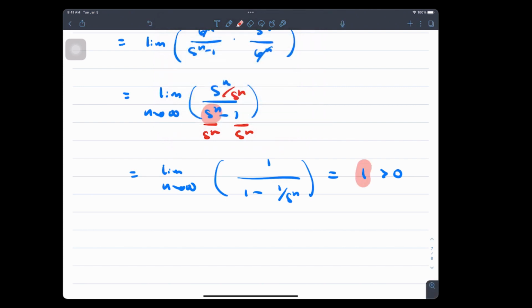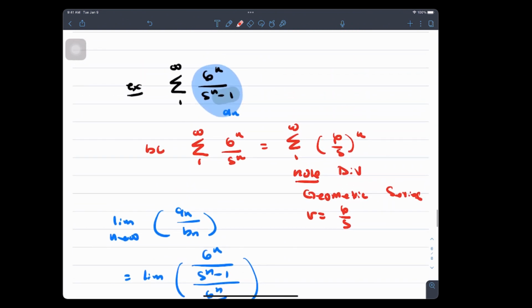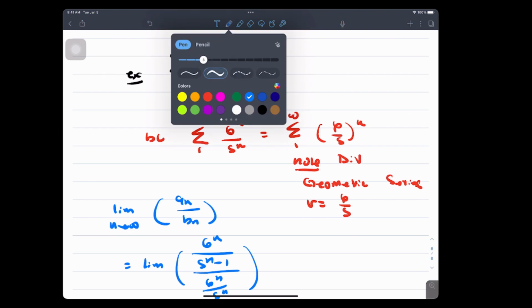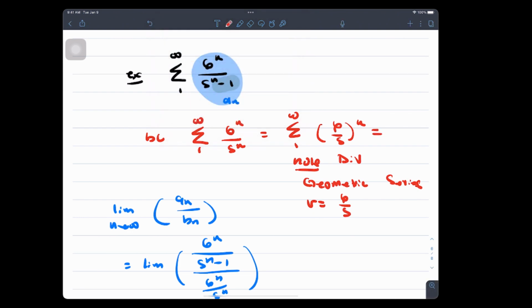All right, so since that limit is 1, which is finite and positive, and we know this particular series is a divergent geometric series, that means this series also diverges by the limit comparison test. So here's an example of the limit comparison test. It diverges as well.